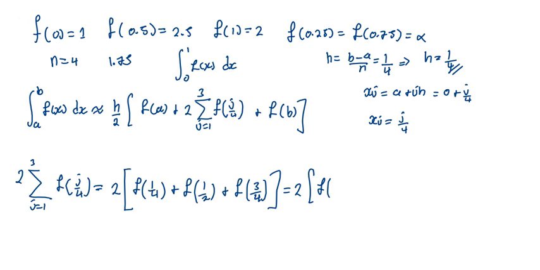Okay, that is 0.25 plus 1 divided by 2, which is 0.5, so you have f of 0.5 there. Then 3 divided by 4 is 0.75, like that. And that's what we have.